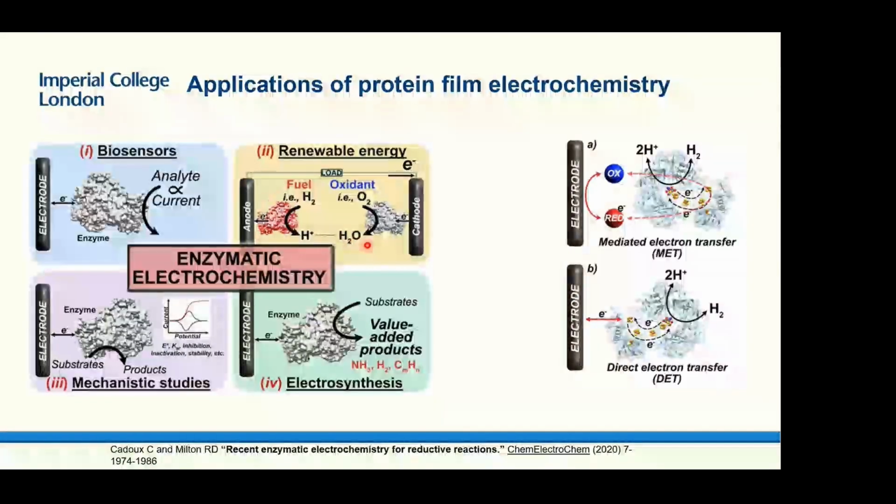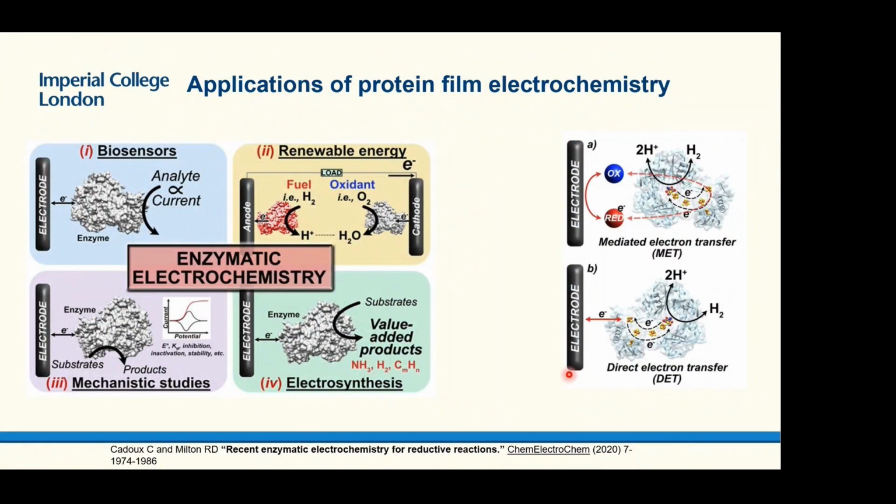Some of these systems we can debate on their validity. Lastly, there is the use of this technique for electrosynthesis. That means interfacing enzymes with electrodes to drive the specific production of products of interest.